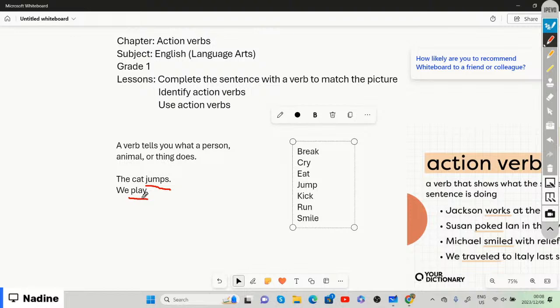It's the action that we are doing. So jumps within the sentence is our verb, and play within the other sentence is our verb, because it shows the action that either the person does or the animal does, which is the cat.